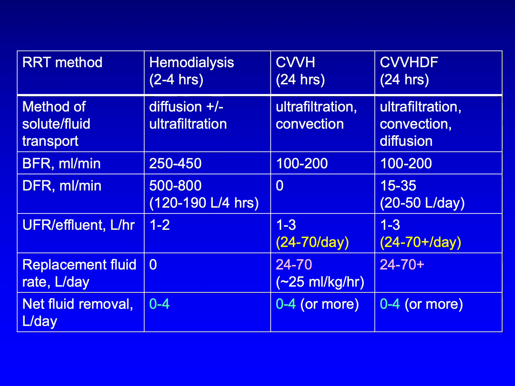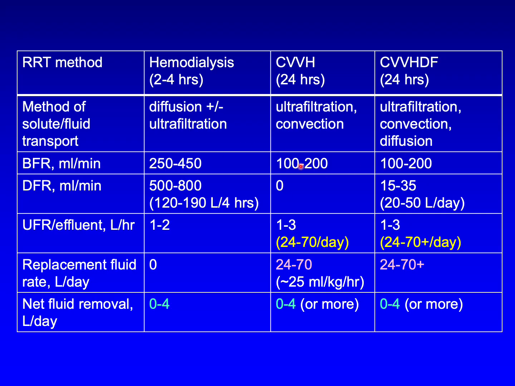So let's summarize and compare the three different modalities of RRT that are most commonly used. And remember that with hemodialysis, you move solute and fluid by diffusion and ultrafiltration. With CVVH, you use ultrafiltration and convection, and with CVVHDF, ultrafiltration, convection, and diffusion.